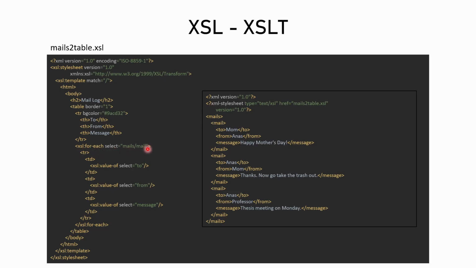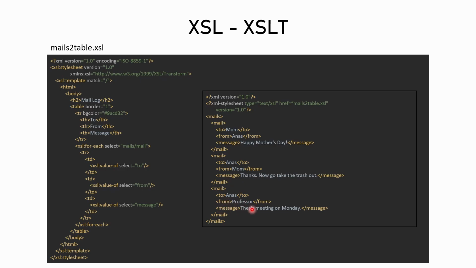So what this line means is start scanning through this XML document, and whenever you reach this mail sub element under the mails root element, you will run a loop. So for each instance of the mails/mail element, each time you come across to, from, and message elements, you will loop through them. Essentially we will be going across these 3 values once, next we will be going through these 3 values, and then these 3 values.